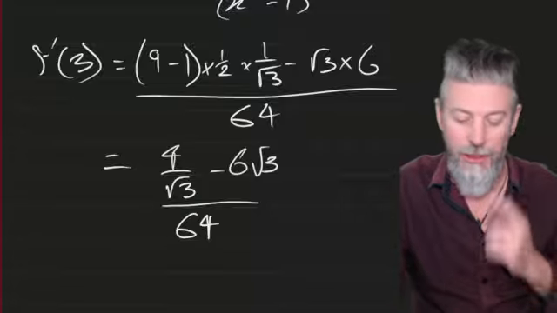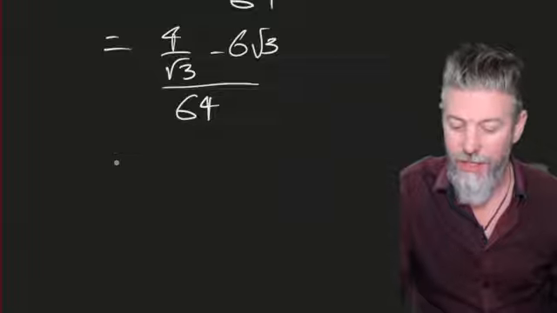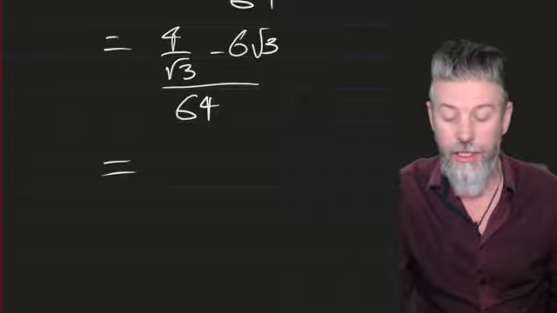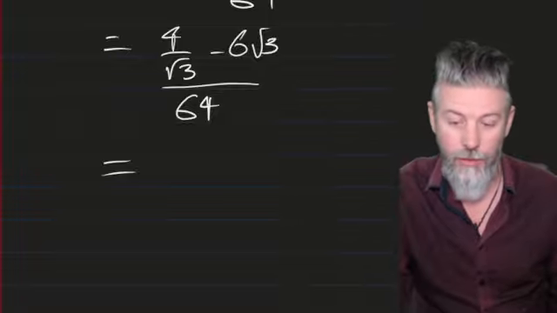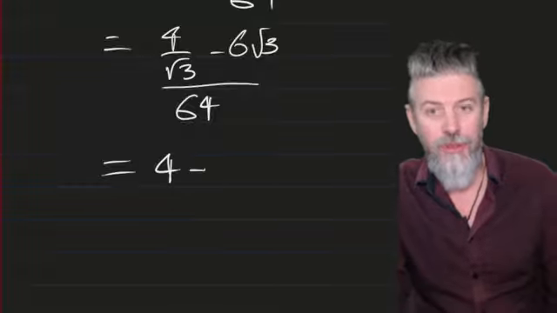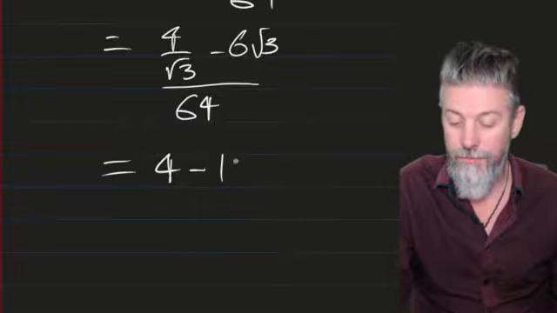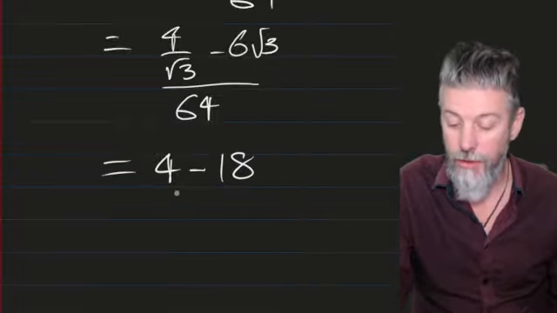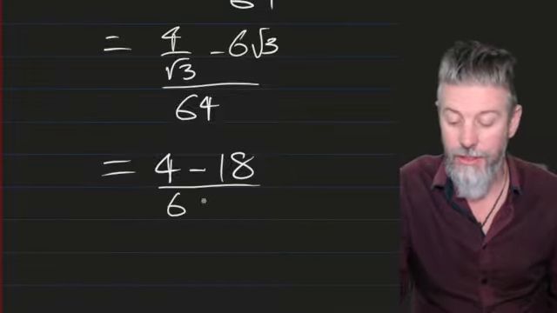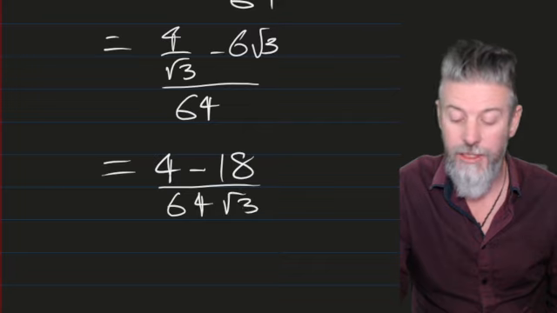And let's take this opportunity to do a little bit of fraction work and tidy things up. I'm going to times the right part of the numerator by root 3 so that I can make it all over root 3. And I get 4 minus root 3 times root 3 is 3. 6 3s are 18. And now that is all over root 3. And then it's all over 64. So it's actually all over 64 root 3.